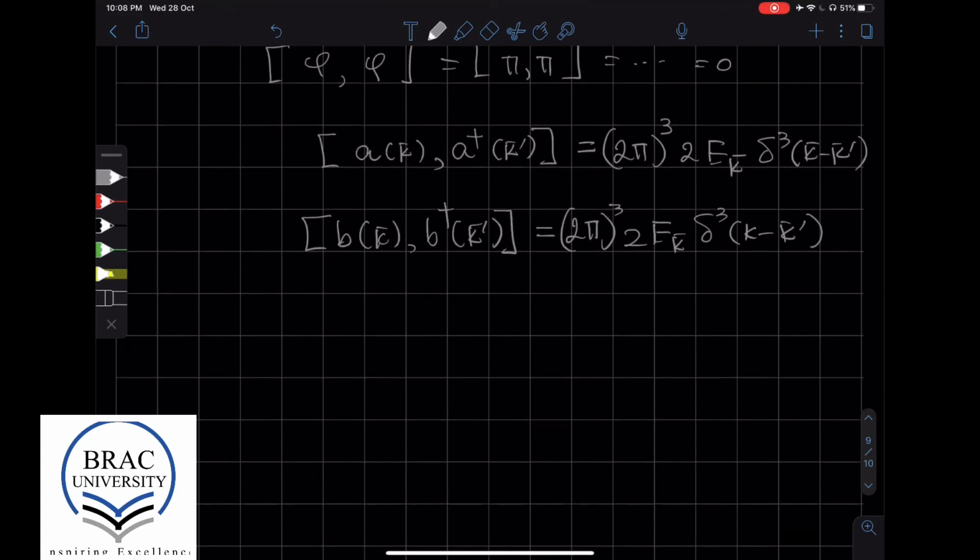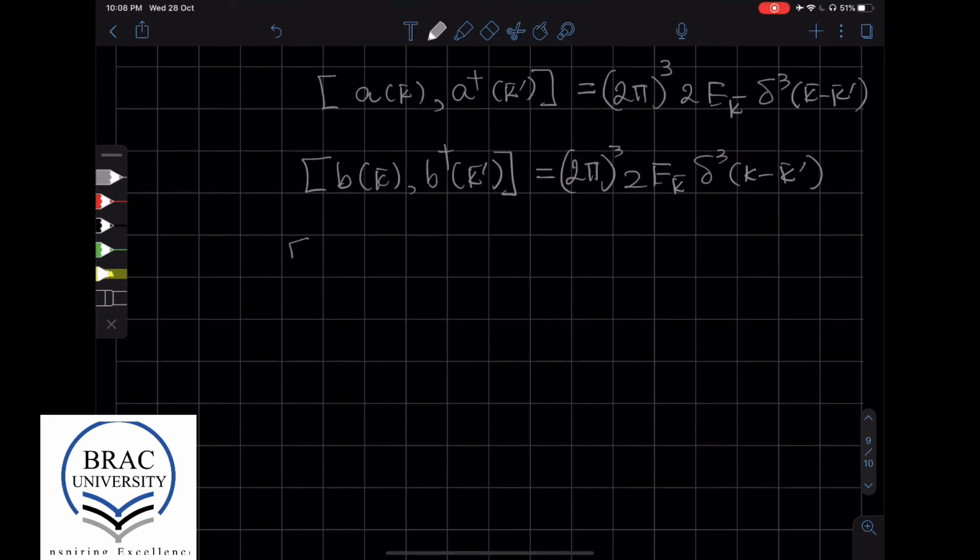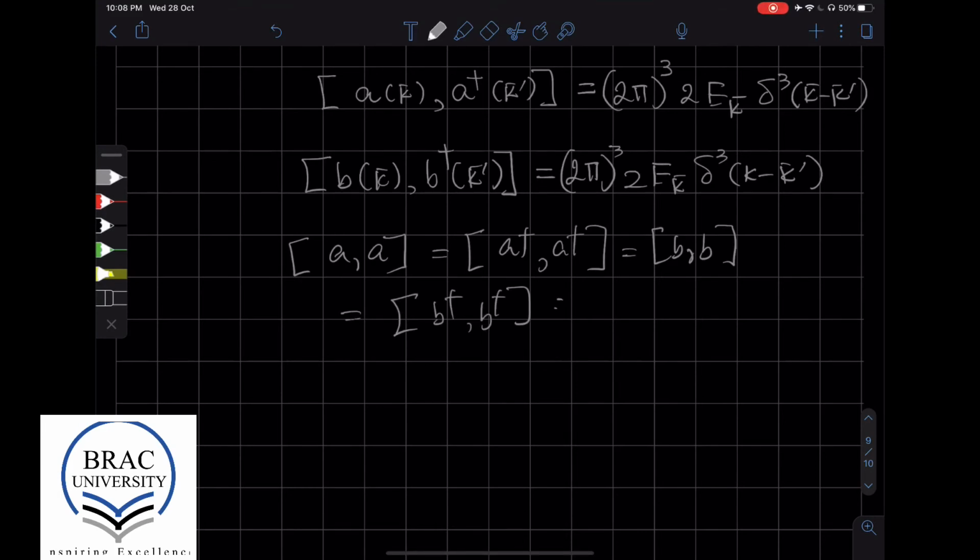And all the other ones, such as a a, then a dagger, b b, then b dagger, and the next one where you have a and b dagger, etc., all of these vanish.